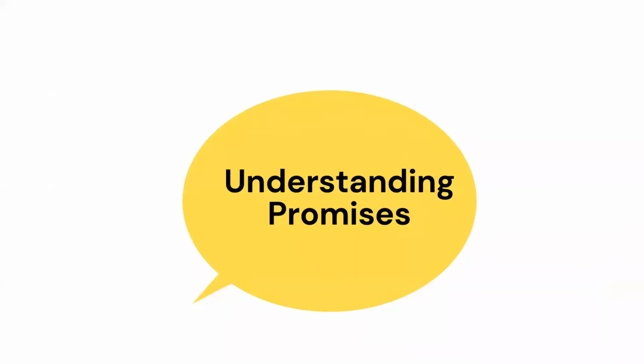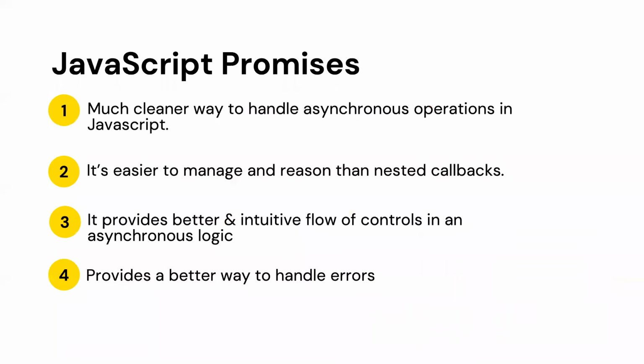Okay. So then come promises. Promises are a much cleaner way to handle this, or the modern way to write callbacks, we can say. We are able to handle asynchronous operations in a much more reasonable and intuitive way, and we can handle errors in a much better way.